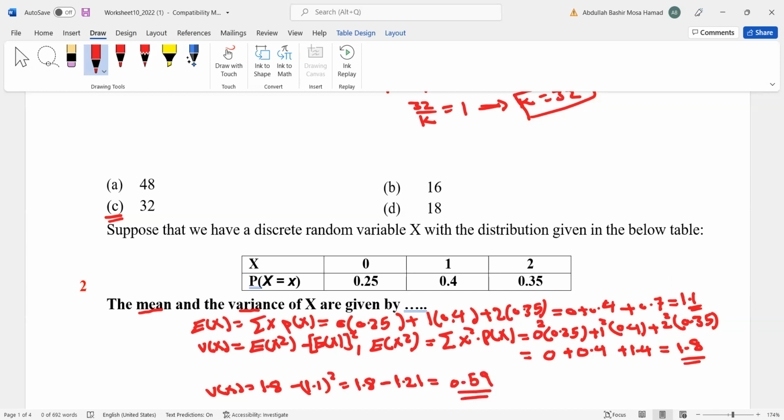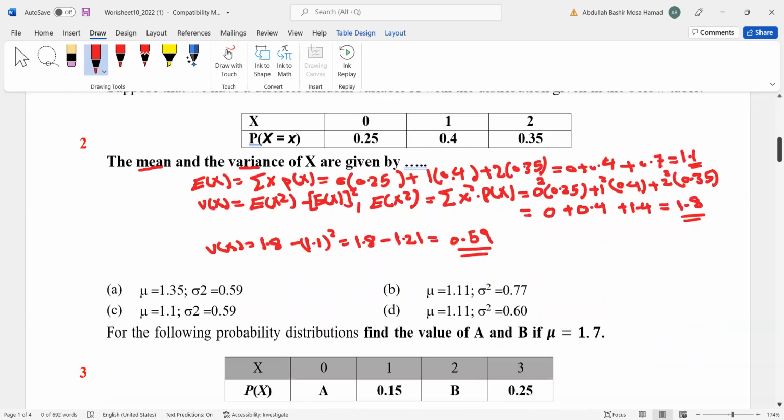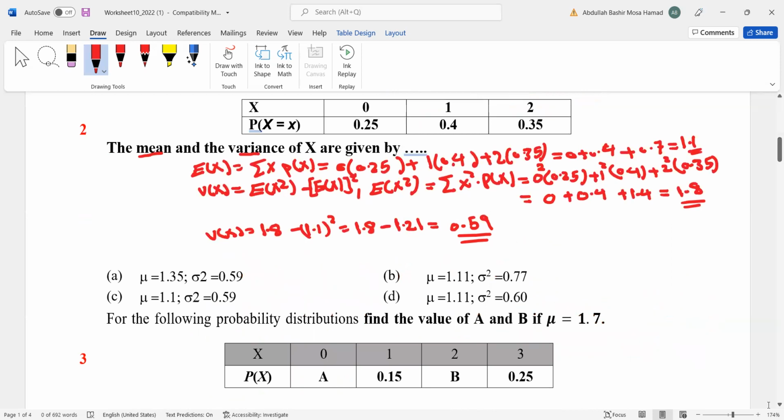This is the variance of x. So the answer is also C for these questions.